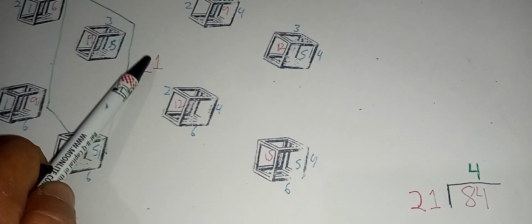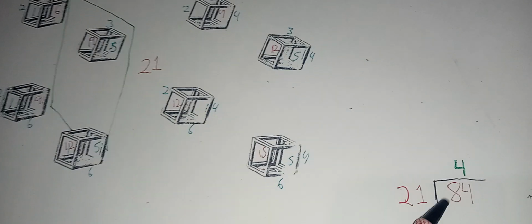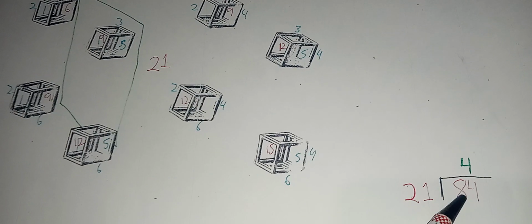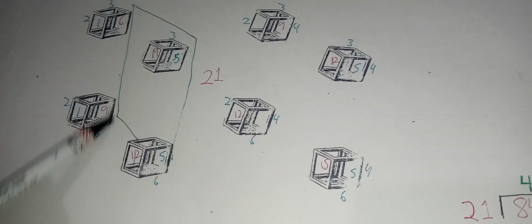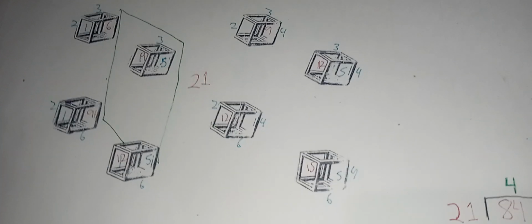Dividing 21, the original central ghost number, into 84, the fractal central ghost number, you get 4, which shows the 4 cubes to a face. That's not just a fluke.